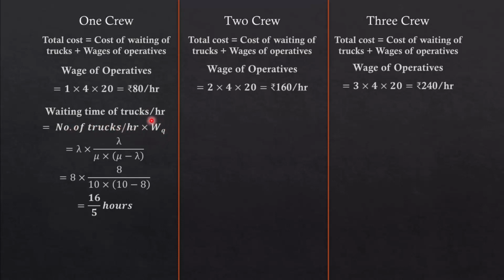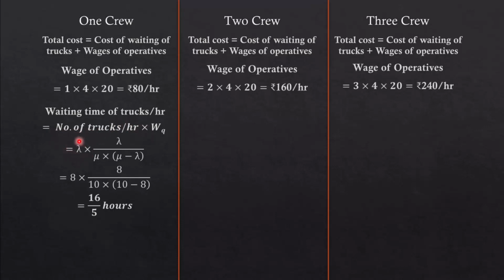Wq is the waiting time of a single truck in the queue, and the number of trucks per hour is given by lambda, the arrival rate per hour.